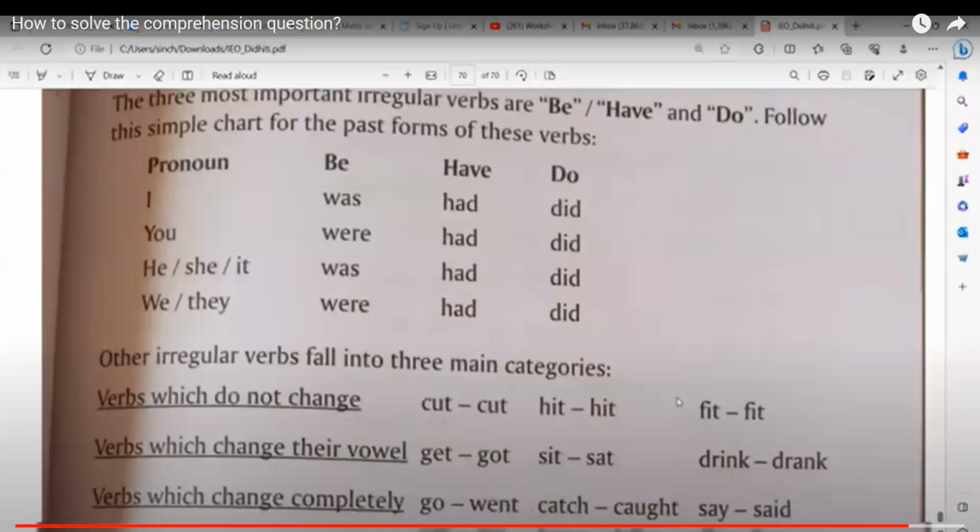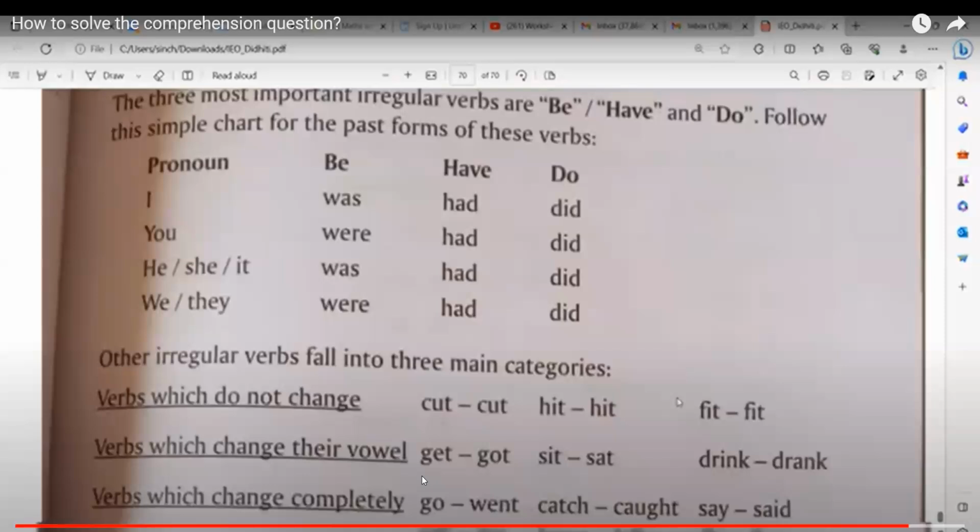Okay, Shivam, can you tell me what is an irregular verb and what is a regular verb? Irregular verbs are verbs which do not change, verbs which change their vowels, verbs which change completely. Regular verbs are normal verbs like he was there, he had chips, he was eating.